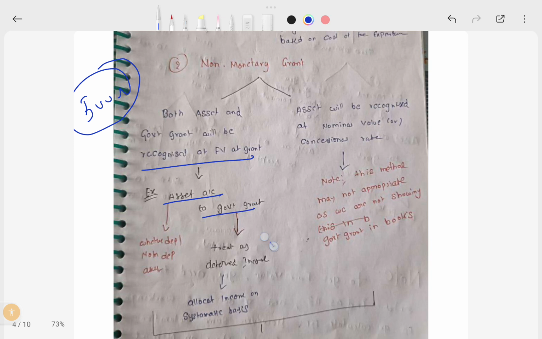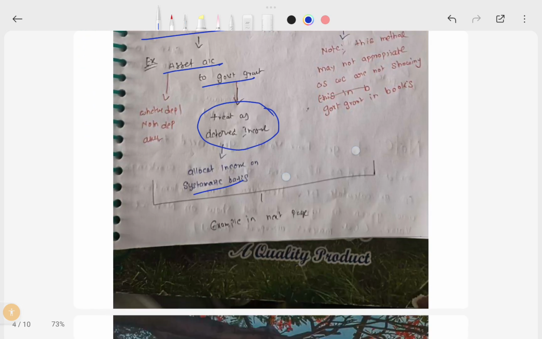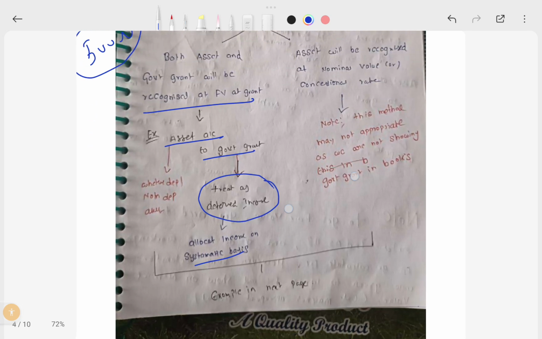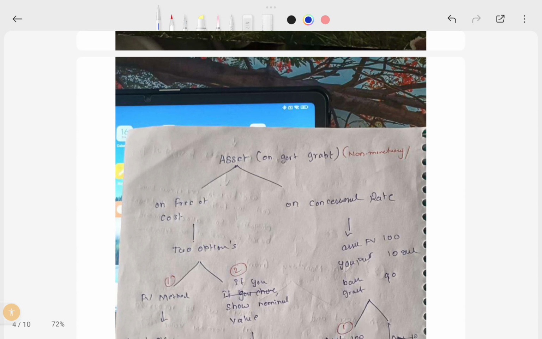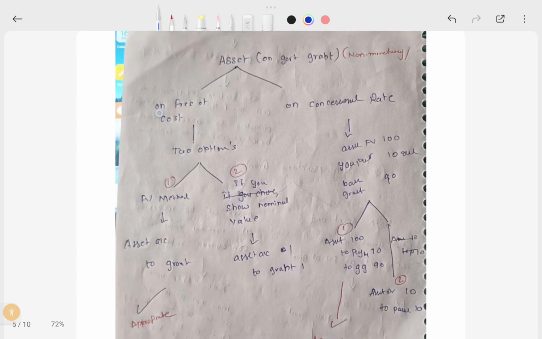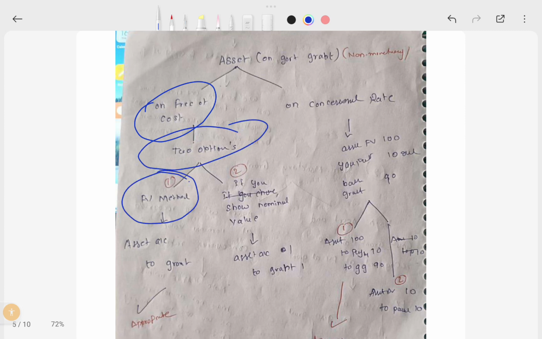This government grant should be treated as deferred revenue allocated on a systematic basis, because I already told you how it would be. Then if it is non-monetary, if it is free of cost, again two options are there. One is the fair value method, and the other if you want to show the nominal value. If you want to show the nominal value, asset to grant one rupee only.